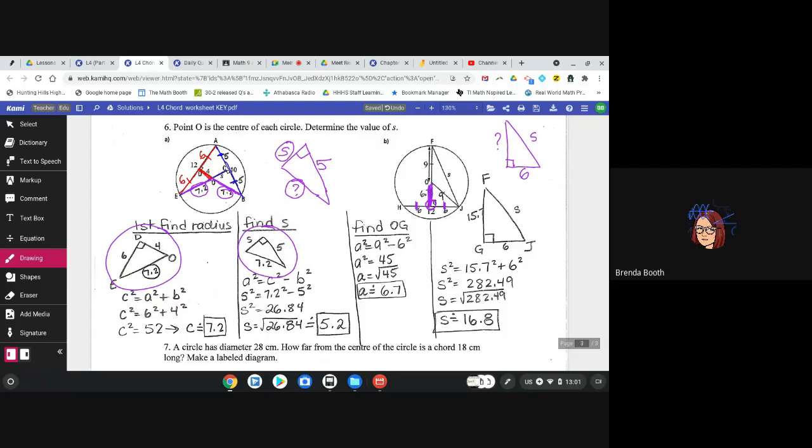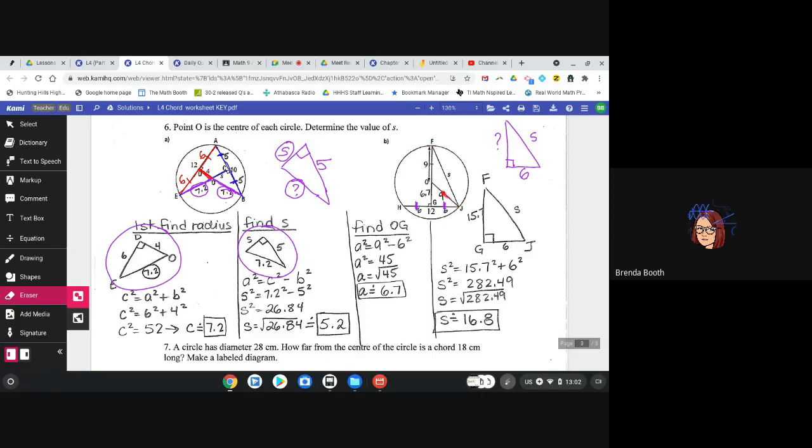So then I have to switch my thinking to what triangle can I work with? So I have to look for a triangle that I know a little more about. And the one that I'm going to use is this little guy right in here. So I know that this is 9 because it's going to be the same as this radius.